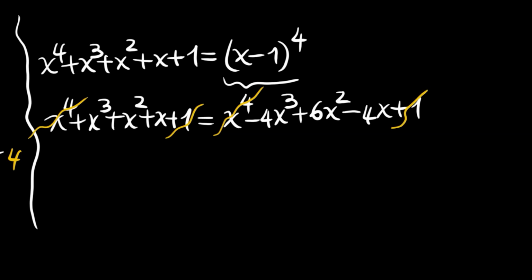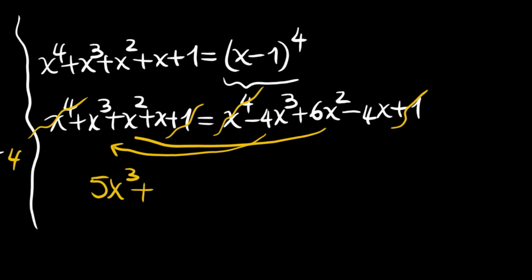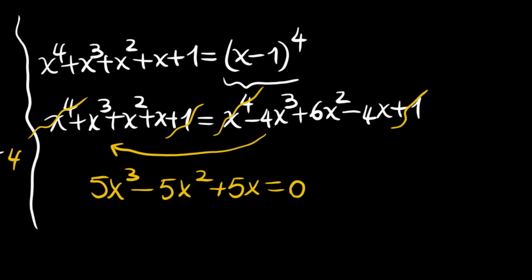So we will have 5 times x cubed minus 5 times x squared and plus 5 times x. This is equal to 0 now.